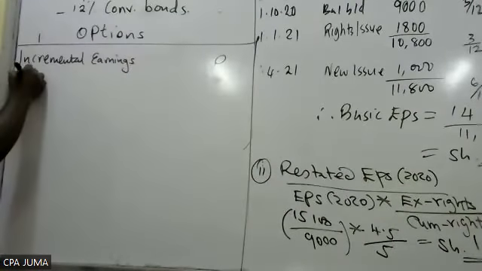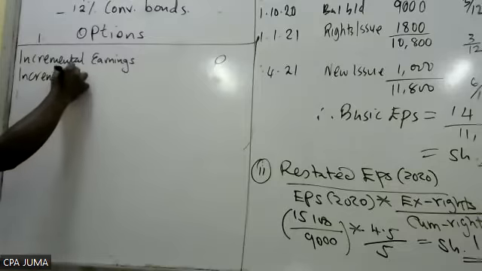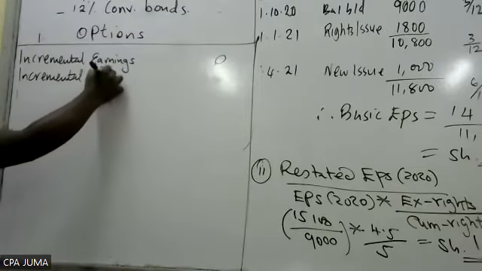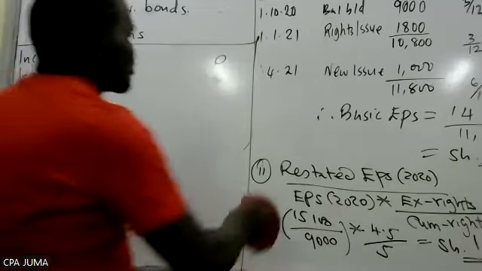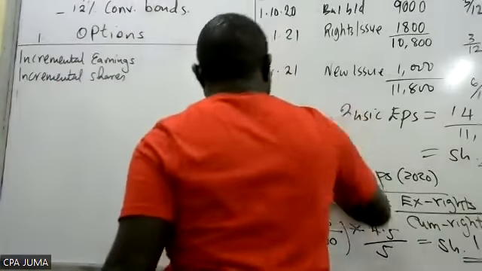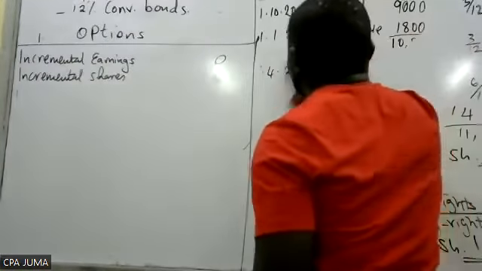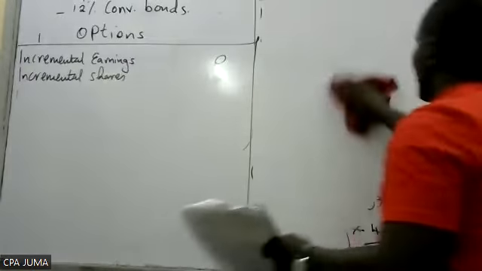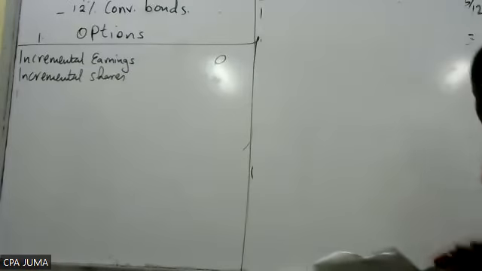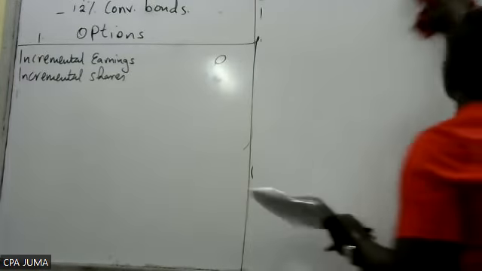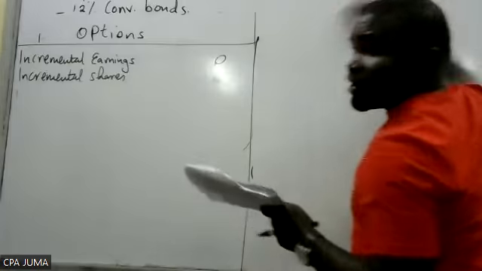Incremental shares. I want you to understand very well for options what happens, because all of them are the same. Once you understand one, the rest will be quite easy for you to understand.